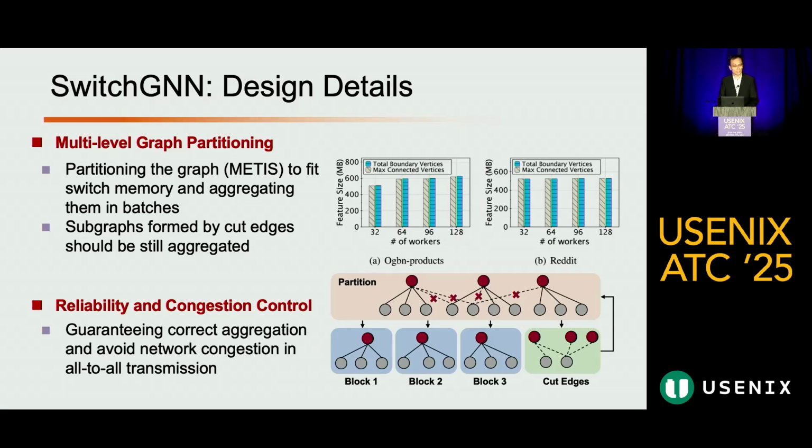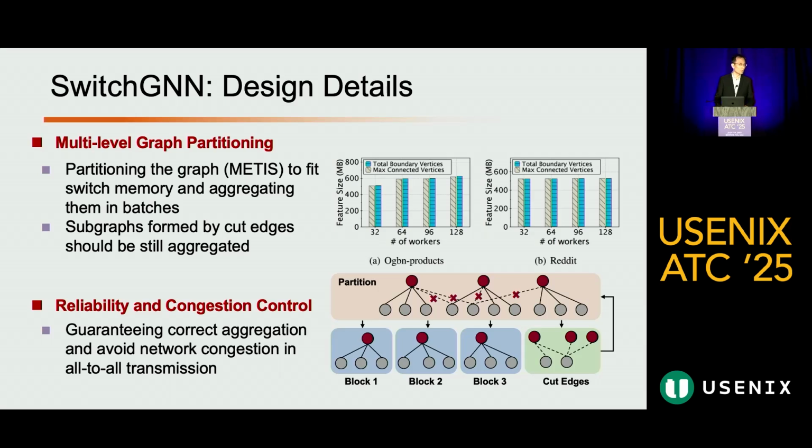To track the vertex to aggregator mapping between the GPU workers and the switches, we use bitmaps. One tracks which vertex data has been sent, and another monitors data received from neighbors. When an aggregator finishes processing and produces a result, it sends an acknowledgement back to the neighbors.